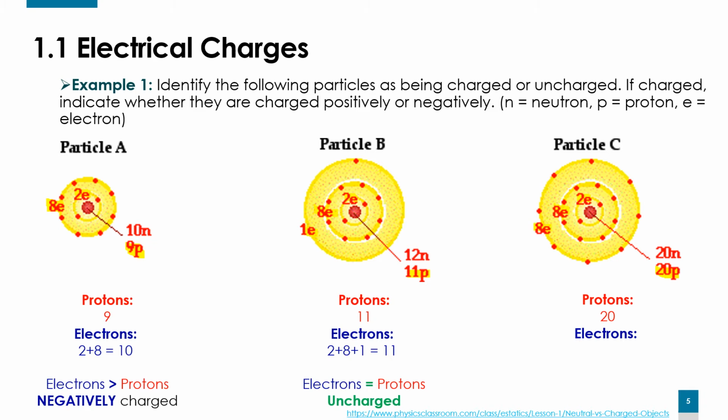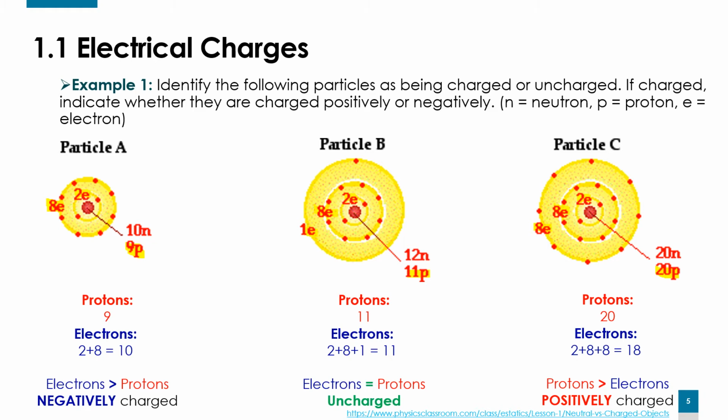So 2 plus 8, 10, plus 8, 18, right? What do I have more, protons or electrons? I have more protons. So what is going to be the charge? Positively charged, negatively charged, or uncharged? Positively charged, right? So if I have more protons, I have more positive.